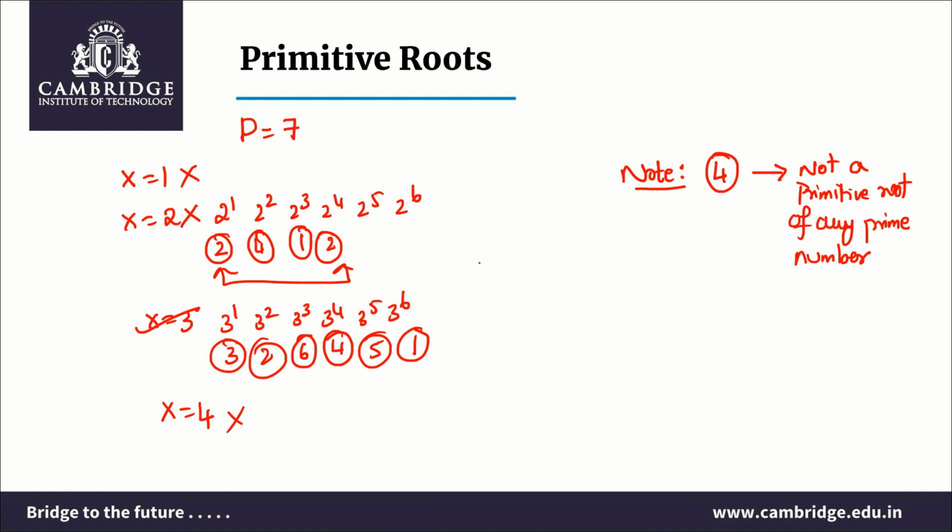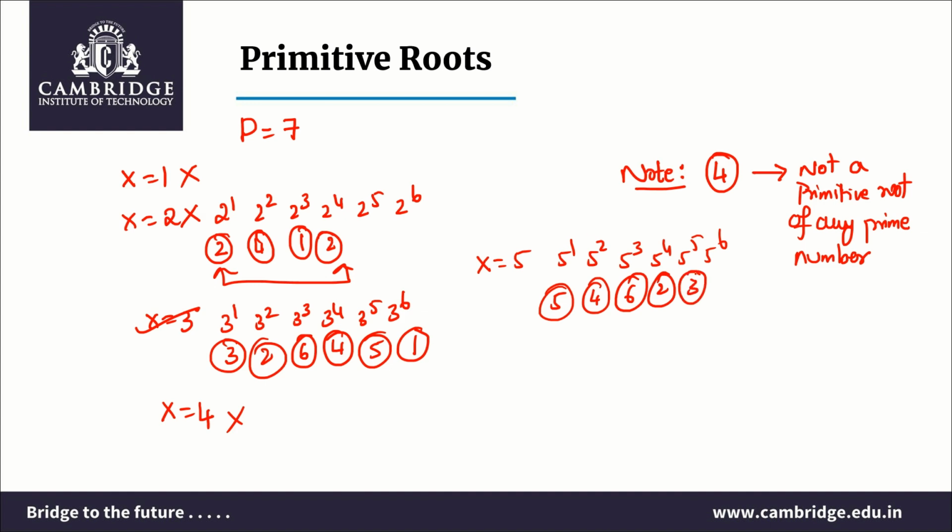Now I'll calculate for x equal to 5. When I do it for x equal to 5: 5 power 1, 5 squared, 5 cubed, 5 power 4, 5 power 5, 5 power 6. 5 power 1 is 5. 25 will give me 4. 5 cubed is 125, it will be 6. 5 power 4 gives me 625, so 625 gives me 2. 5 power 5 is 3125, that gives me 3.